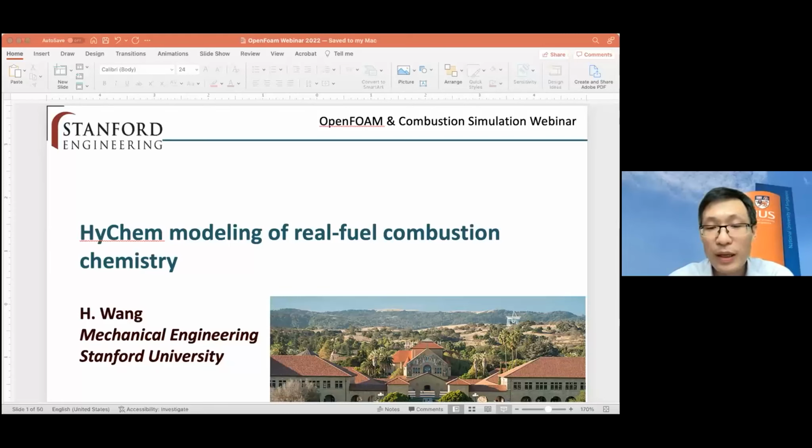Before Stanford, he was the Northrop Chair in Engineering and Professor of Aerospace and Mechanical Engineering at USC. Professor Wang received his PhD in Fuel Science from Penn State in 1992.